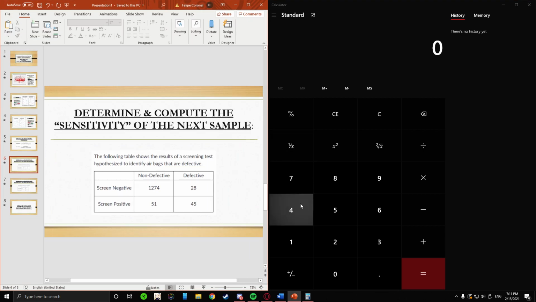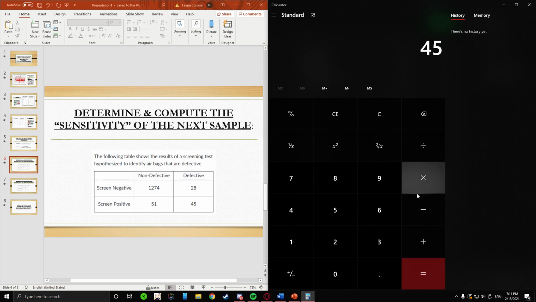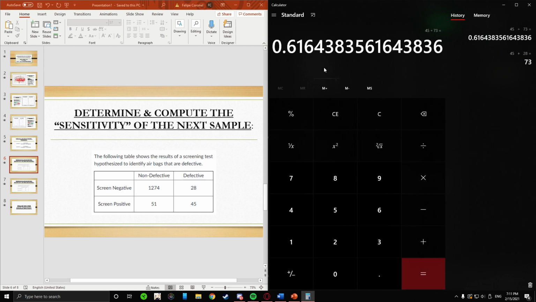So we have 45, the true positive, over the true positive plus the false negatives. Since it says positive and then negative, this is the one we need. So 45 plus 28 gives us 73. We divide 45 by 73, and we get 0.616.